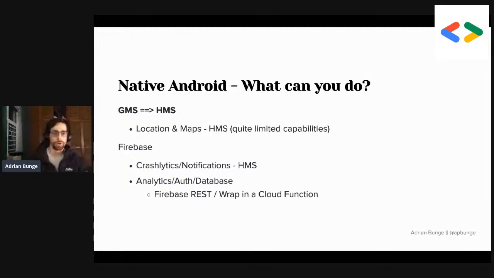So you could wrap up analytics or auth or contact the database. It just means that you have to write a lot of code and you lose a lot of the convenience that Firebase normally gives us. So that pretty much wraps up the Android native side of things.